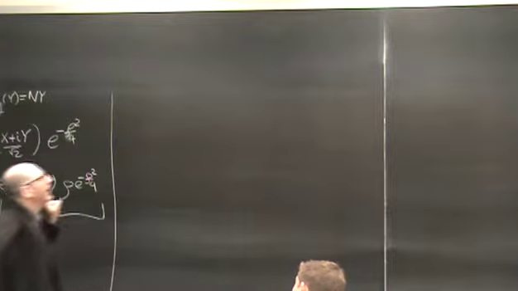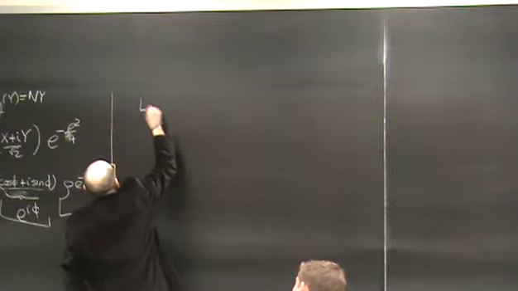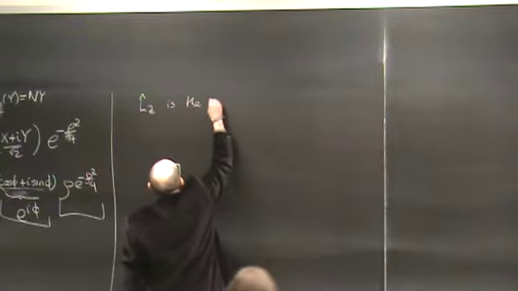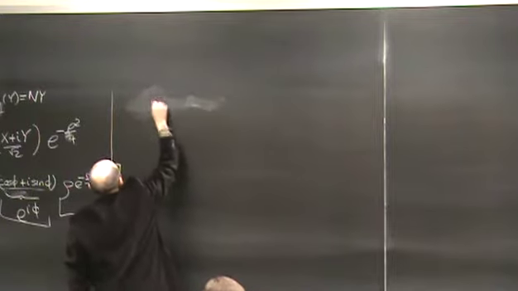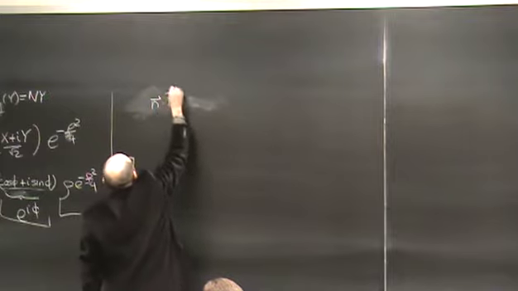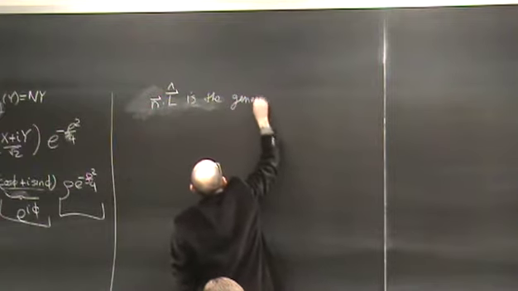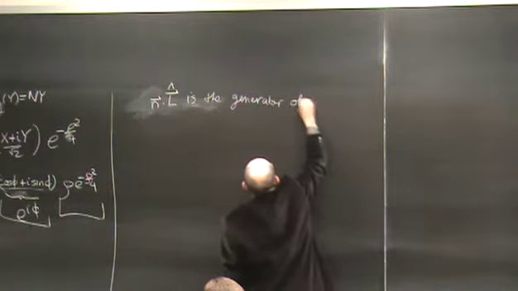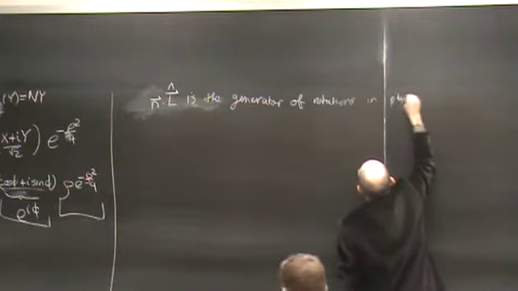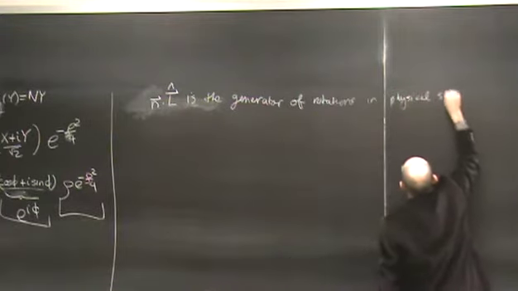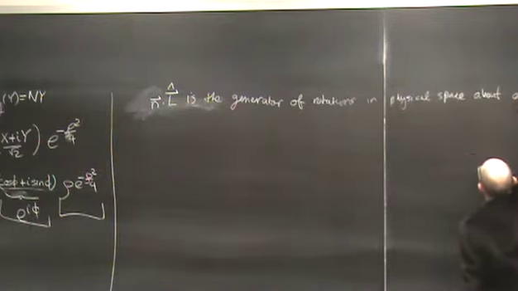So what we discussed in last lecture is that because Lz is the generator, well, let me word it this way. What we showed last time was that this operator is the generator of rotations in physical space about an axis.